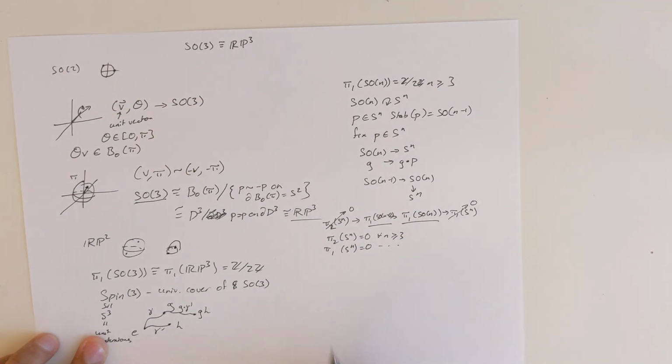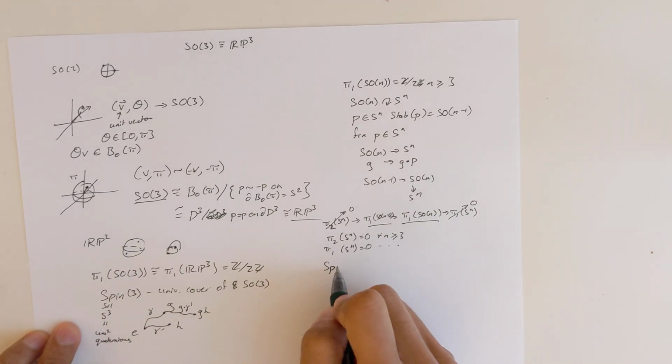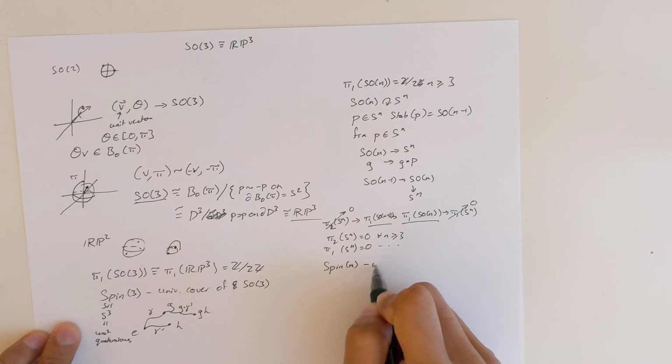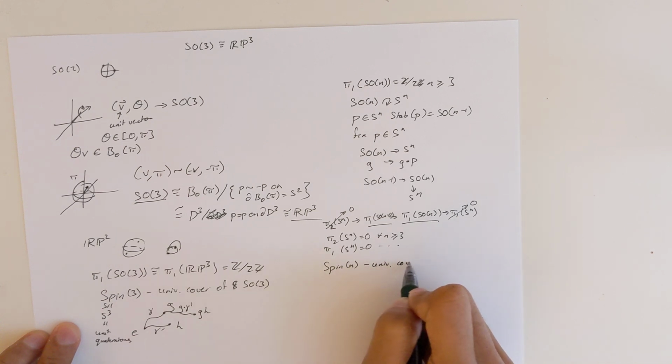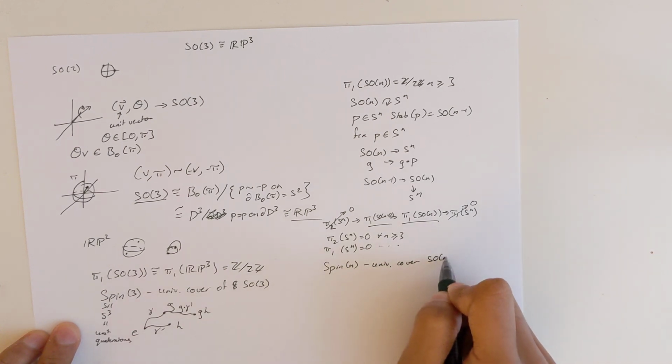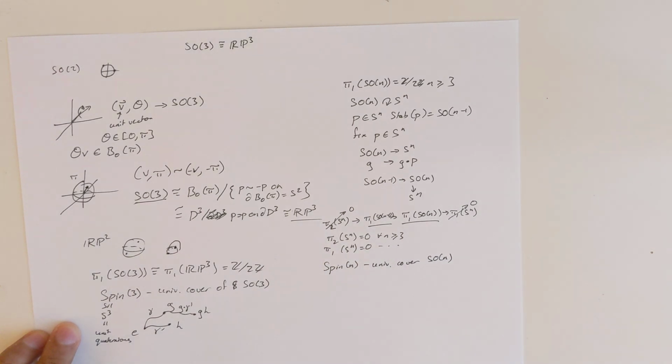So what that means is that, similar to this description, even though we don't have something like the unit quaternions here, you can define a group Spin(n), which is the universal cover of SO(n). In case you're wondering why these are called the spin groups, it's because one way to interpret this is that this is what gives rise to spin.